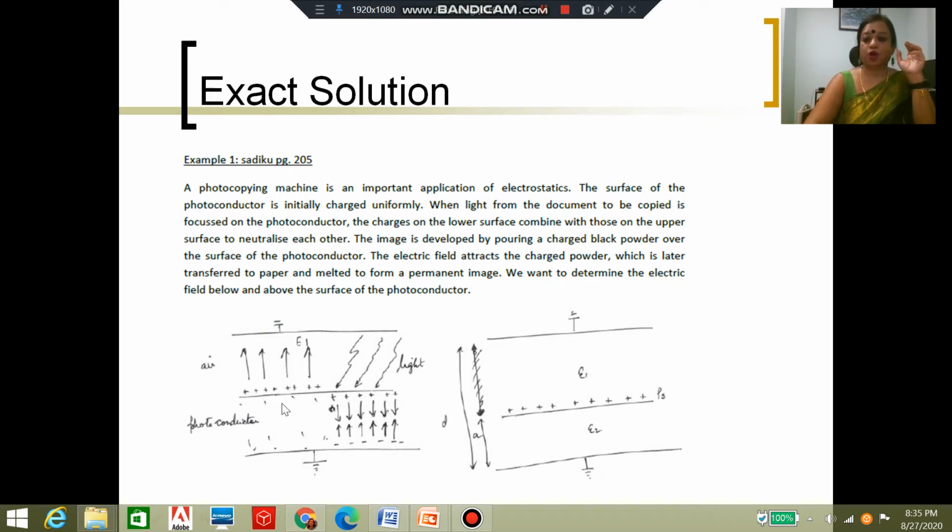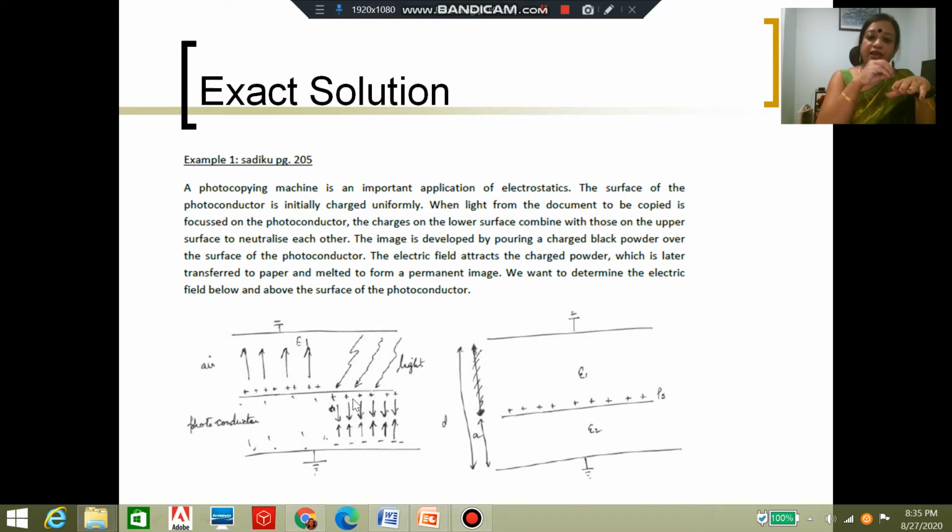When light from the document to be copied is focused on the photoconductor, the charges on the lower surface combine with those on the upper surface, and they neutralize each other. So depending upon what you have on the paper, light will pass through in a particular pattern, and according to the pattern in which light passes through, it will decide which of the charges will be neutralized and which will not be neutralized.